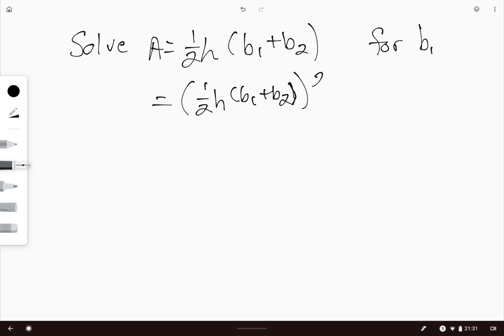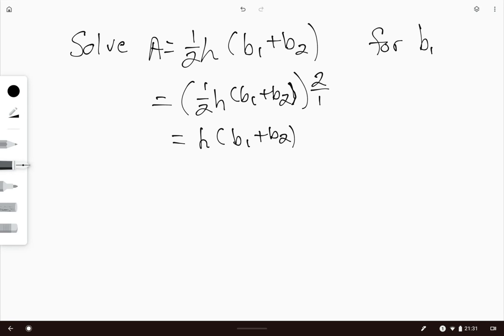Now I need to multiply this entire side of the equation by the reciprocal of 1/2, which is 2. Because that way 1/2 cancels itself out, because 2 times 1/2 is 1. So that's going to leave me with just h times base 1 plus base 2.